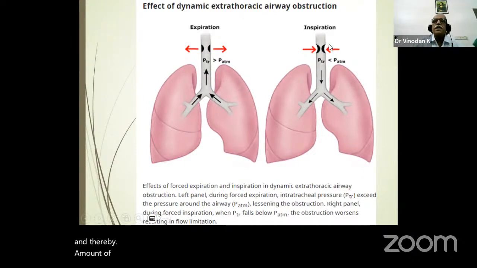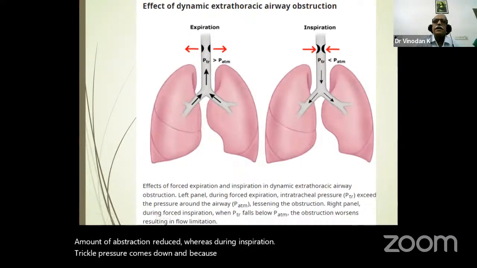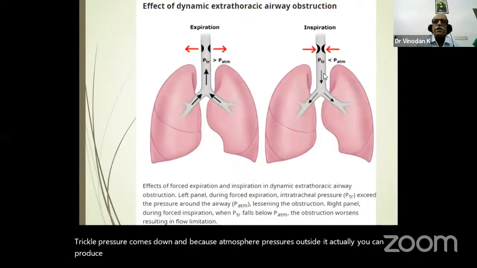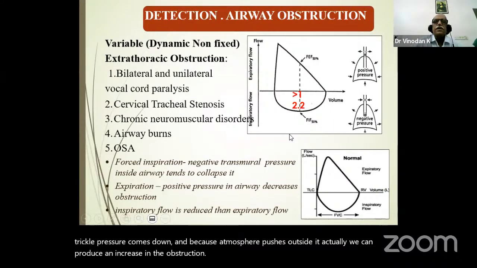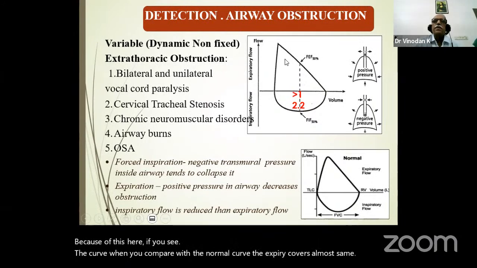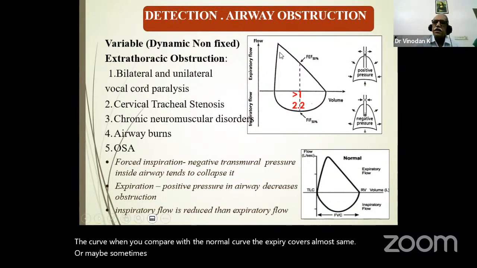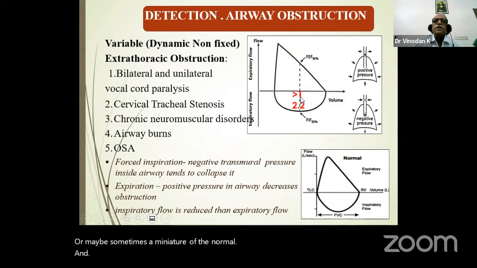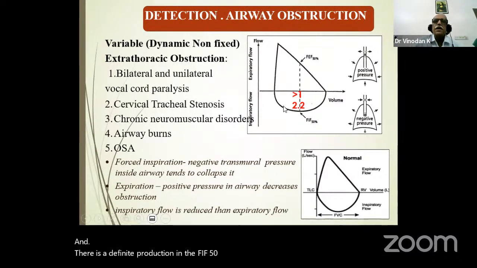Whereas during inspiration, the tracheal pressure comes down, and because atmospheric pressure is outside, it can produce an increase in the obstruction. Because of this, if you compare the curve with the normal, the expiratory curve is almost the same, or sometimes a miniature of the normal, and there is a definite reduction in the FIF 50% because the inspiratory curve becomes reduced.